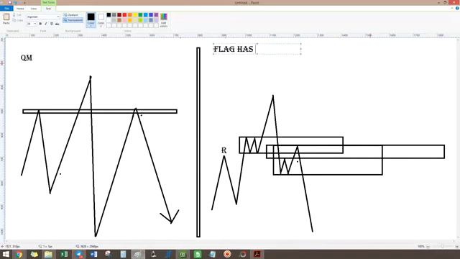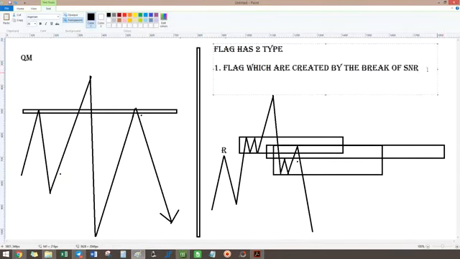So flat has two types. The first one is a flat which is created by the break of SNR. The second one is a flat which is created by the break of a flat.